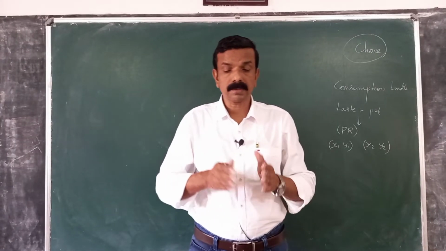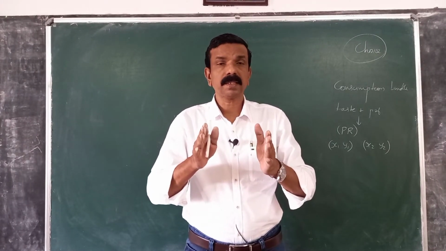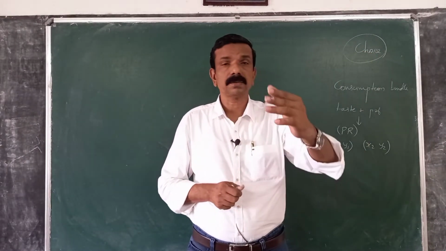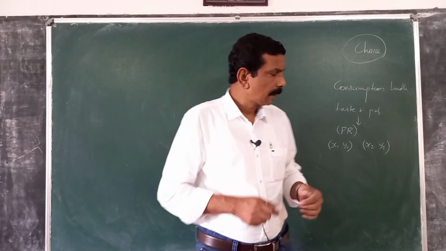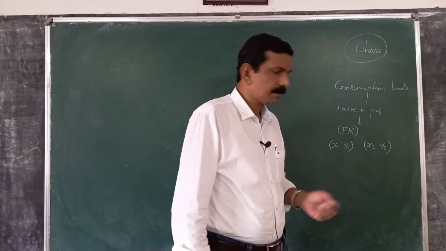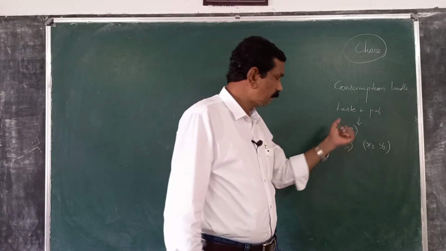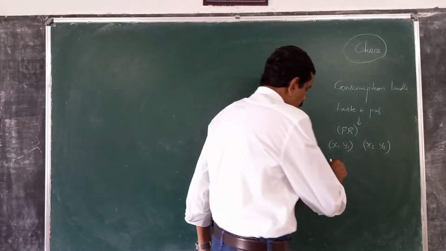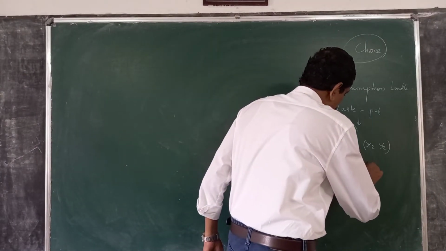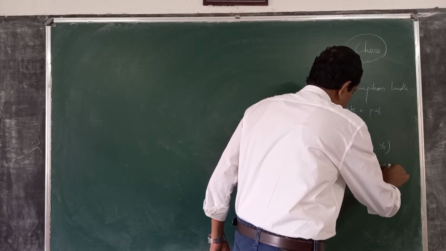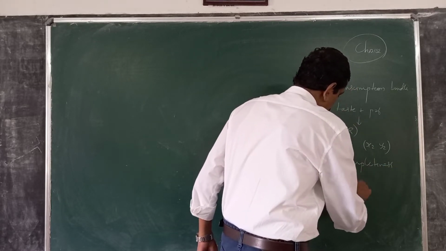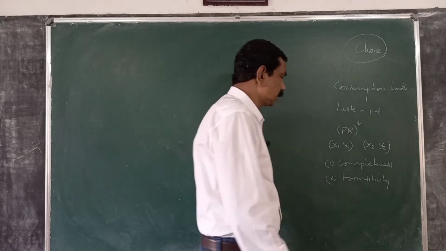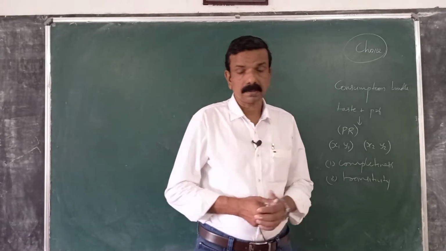Now, the consumer has to make a decision about which commodity bundle he has to choose. And for the consistency of consumer preferences, we make two assumptions about the preferences of the consumer: completeness and transitivity.